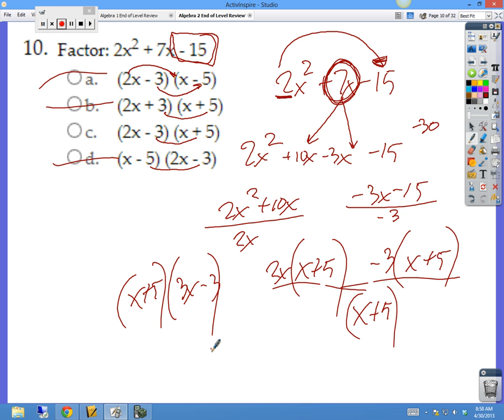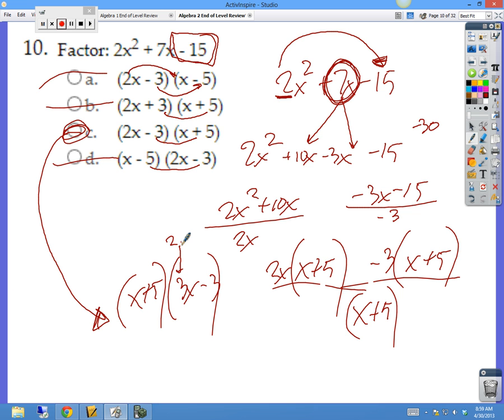There's somewhere we messed up. Should be 2x. Where did we get 2x? Where is it? Because it should be C, but we did not get C. We got almost C. This guy right here needs to be a 2.